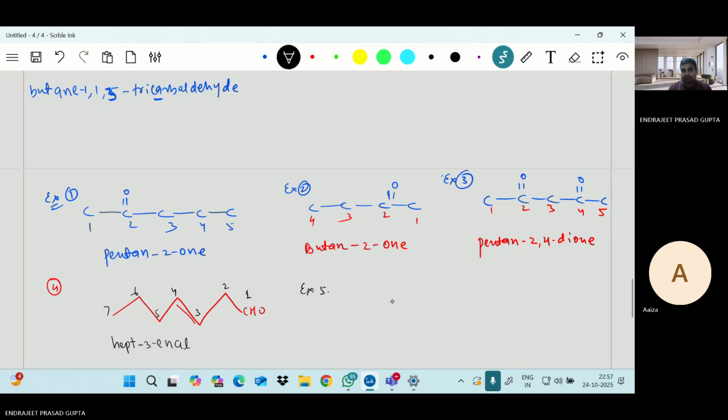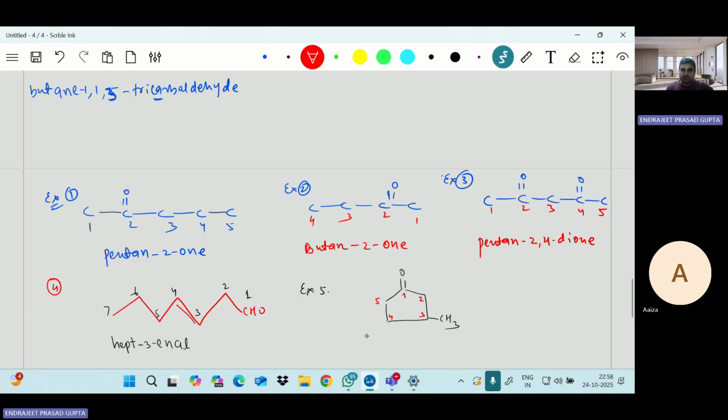Example 5. Suppose I am writing this, tell me what is the naming of this compound. Start numbering. Carbon 1, CO, 2, 3, 4, 5.